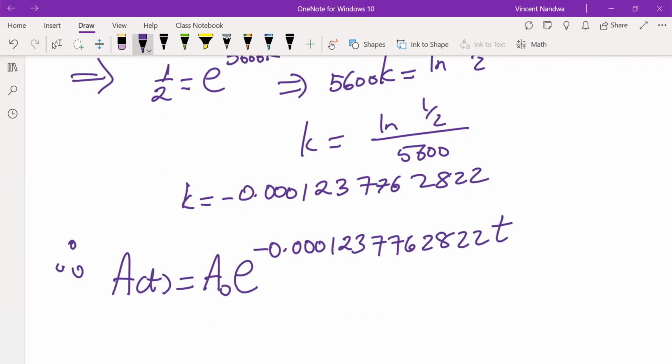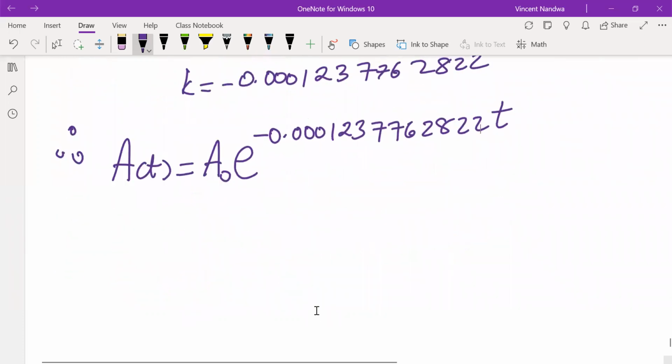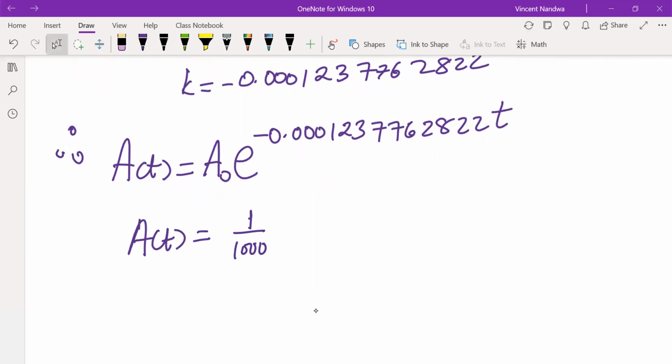Now I've been told that a fossilized bone is found to contain 1/1,000 of carbon-14, which means then A of t is found to be 1/1000 of the original amount A naught.